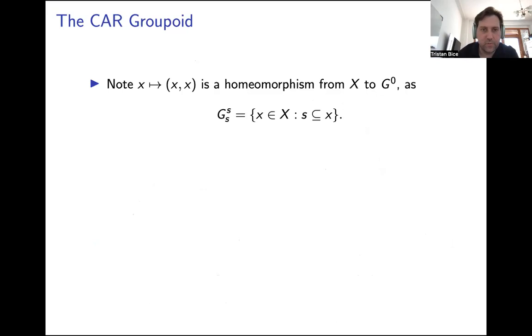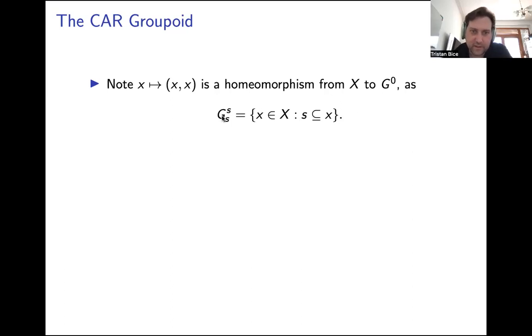But maybe just before moving on, let me point out the original topology you would expect to put on these infinite strings. That would just be the product topology, right? And what that means is that you can identify X with the unit space, and this identification in fact gives you the product topology you would expect.